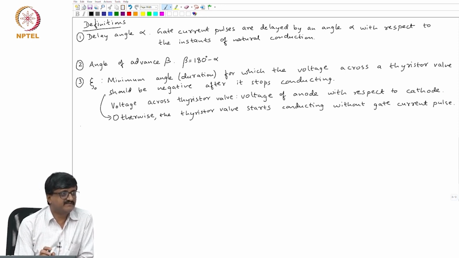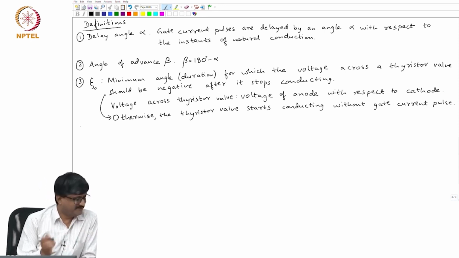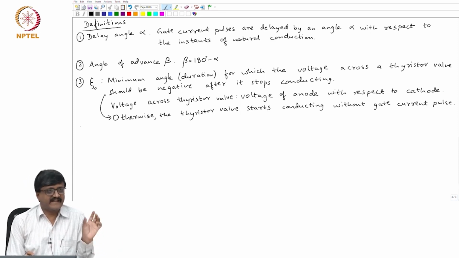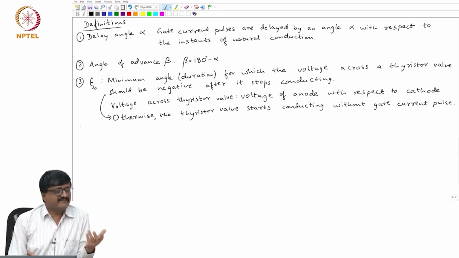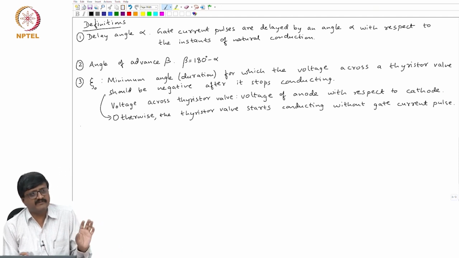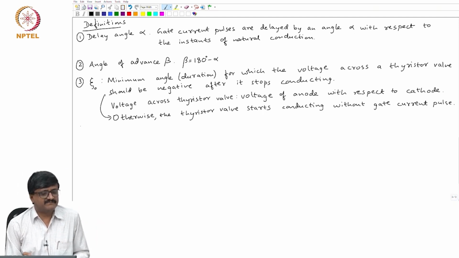It is the time which is fixed, but we fix it as an angle because once we are commissioning a converter, we know at what frequency it will work on the AC side. There may be slight deviations from the nominal frequency of 50 or 60 hertz, but that deviation is minor.